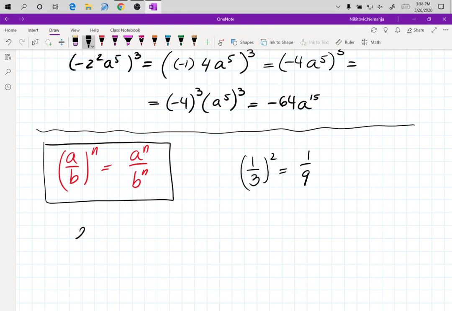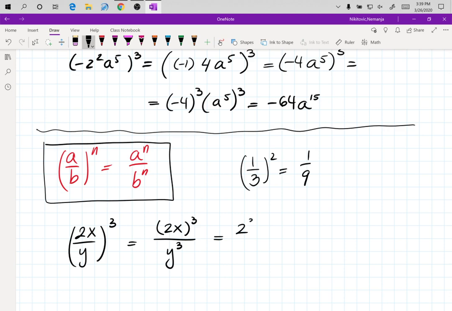Let's say you have 2x over y cubed. We work on 2x cubed separately, and then there is a y cubed in denominator. So numerator and denominator get the exponent of 3 in this case.